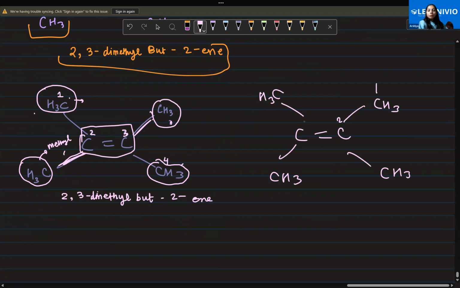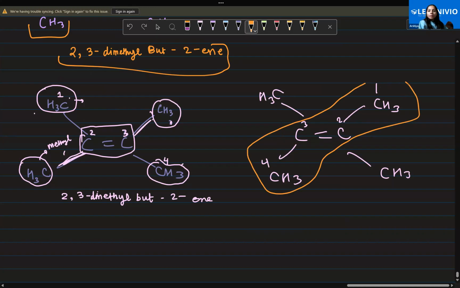Same thing, 1, 2, 3, and 4. Now again, the first methyl is at second carbon. Wait, this is a part of the functional group, sorry. Now, let me highlight the chain. So this is my carbon chain, right?